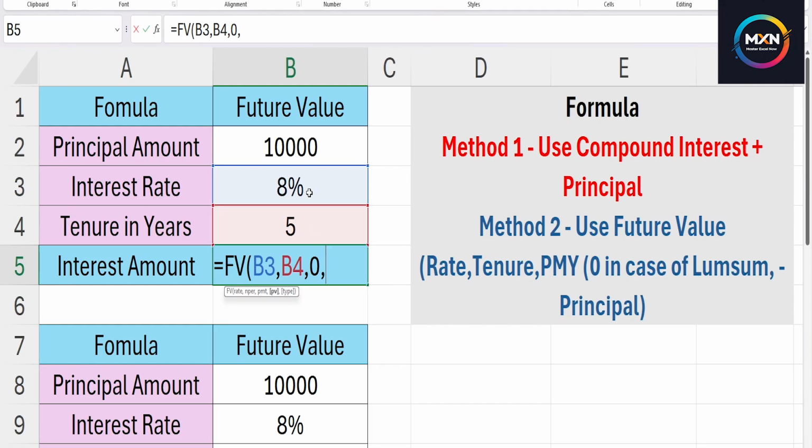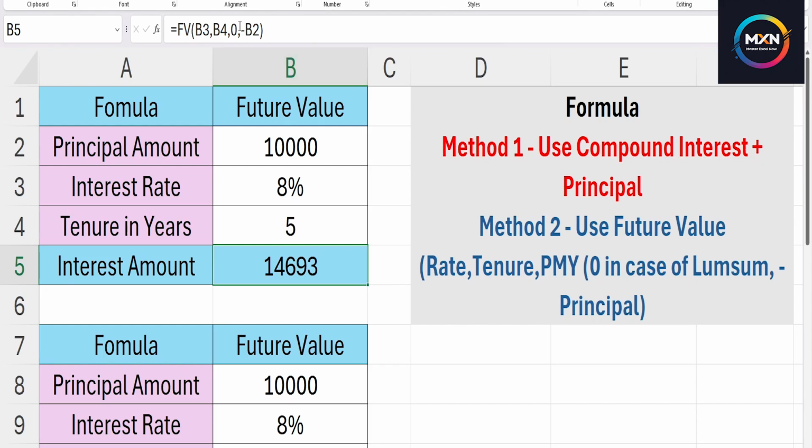And in this case also, I'm going to subtract the principal at the beginning. Why I'm going to do that, I'll just show you. Once I do that, it shows that I have invested 10,000 today, so it's a minus, but when it calculates the future value, it will add 10,000 there. So let's see. The future value is 14,693.